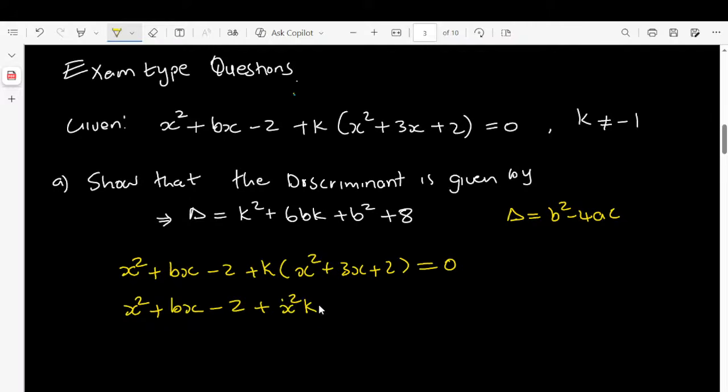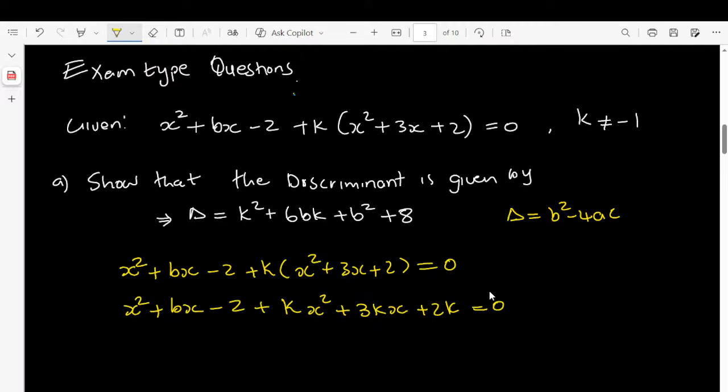Since k will be the coefficient of x squared, it makes sense to write it as k x squared. And then we multiply the 3x with the k, which gives us 3k x, plus 2k. This is equal to 0.